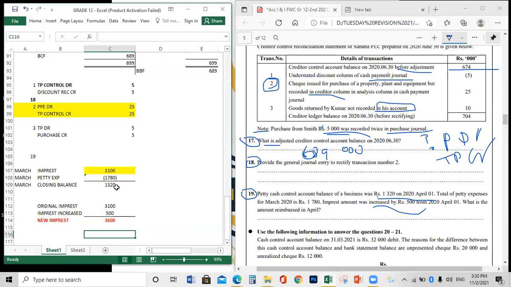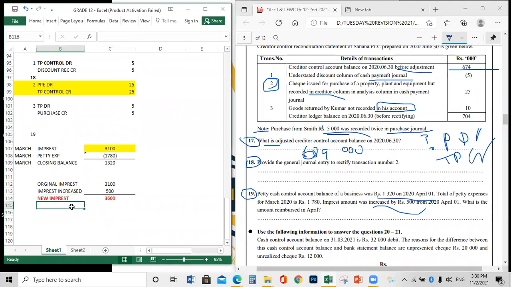At the starting date, they have 1,320. So how much will they ask as reimbursement? See the opening balance in the month of April is 1,320.